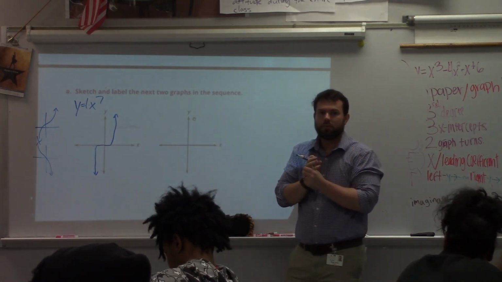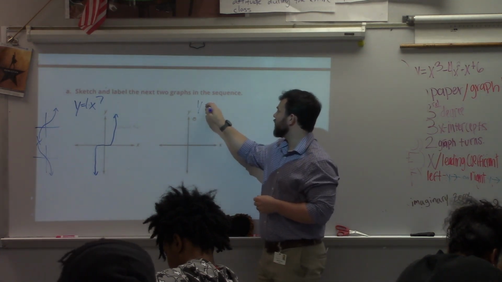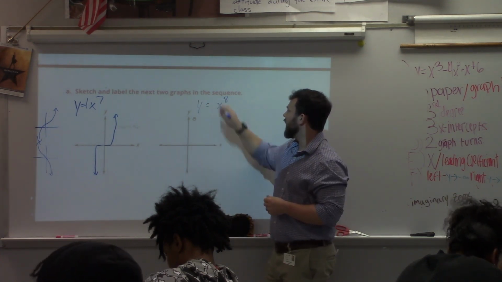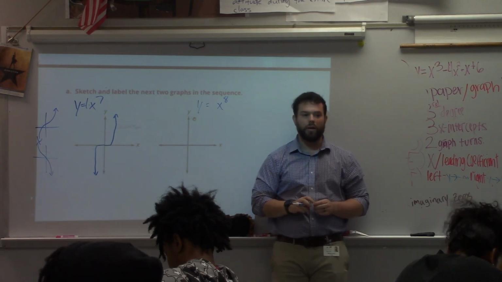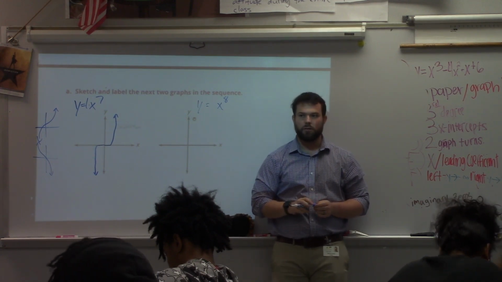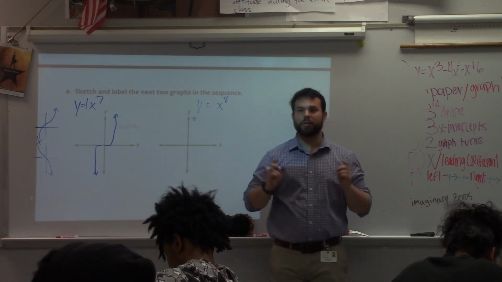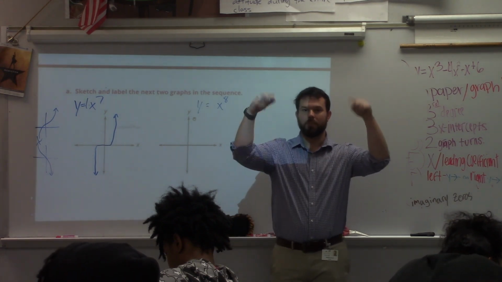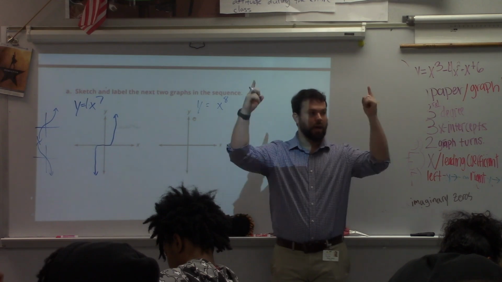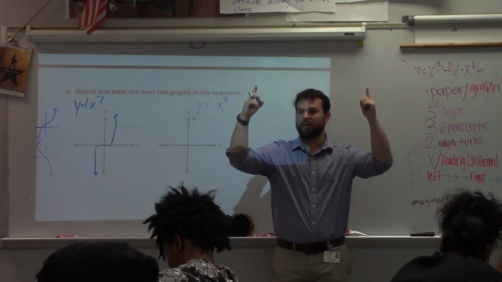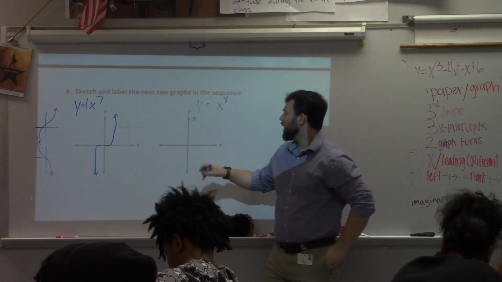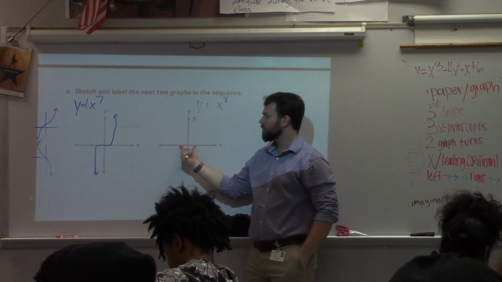And so the next one is y equals x to the 8th. What do I know about this graph? Just knowing y equals x to the 8th, is it going up or is it going down? It's going up because the leading coefficient is positive, so the end behavior goes into the positives. And what's going to happen in the middle?